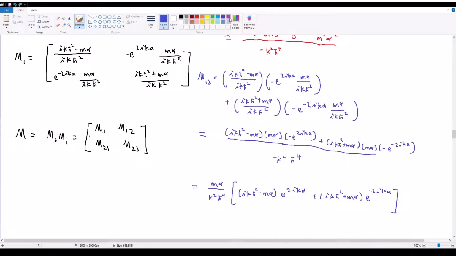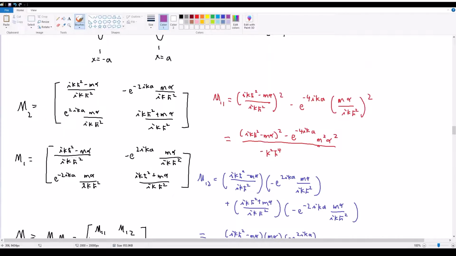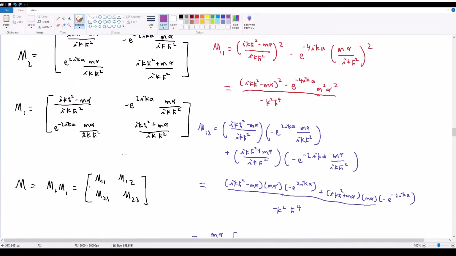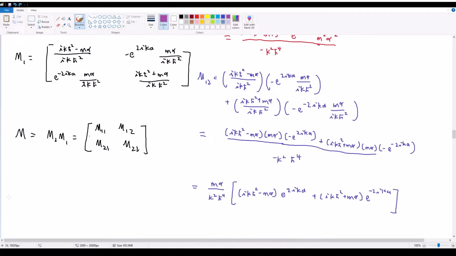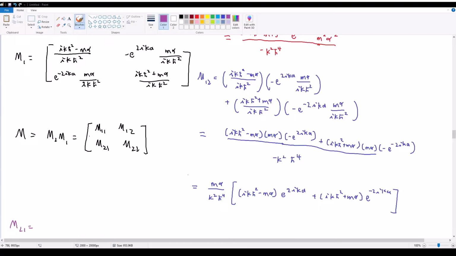So term 3, let's do in purple, M21. That's going to be this row multiplied by this column. So that's going to give us M21 is going to equal, and you know what, actually I'm going to take a picture of this and move it off to my second monitor, just so I have a frame of reference.